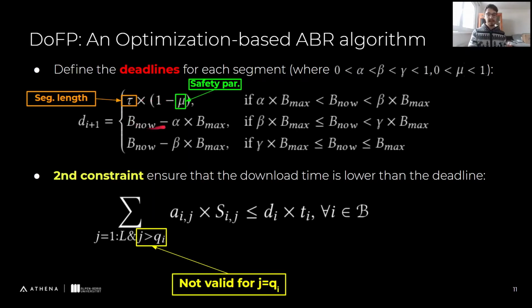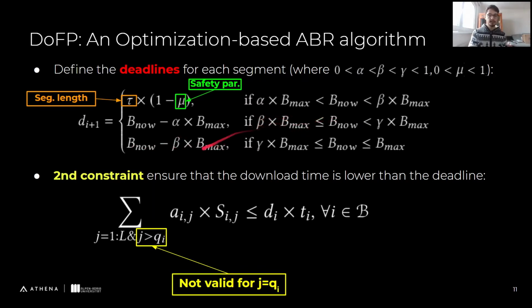And as we go further towards the maximum buffer size, in the middle zone, the deadline for the next segment will be the current buffer level minus the lower threshold of the dangerous zone. And with the same goal, for the last region, the deadline is the current buffer level minus the lower threshold for the middle zone.